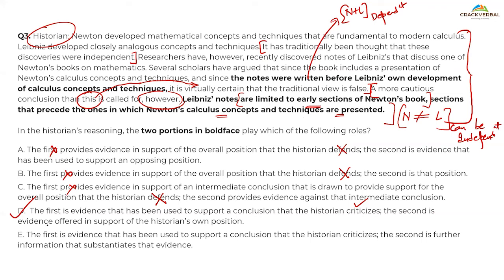The second is evidence offered in support of the historian's own position. The first is evidence that is being used to support a conclusion that the historian criticizes. The second is further information that substantiates that evidence. It doesn't substantiate that evidence. So when I compare both, this is closer to the story.